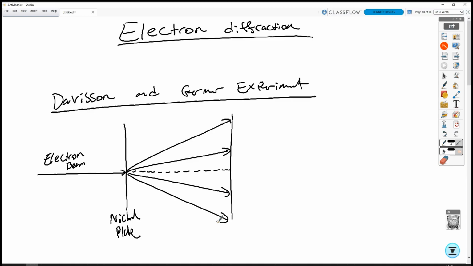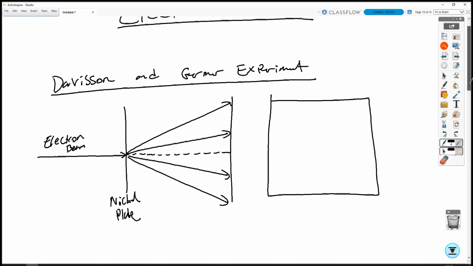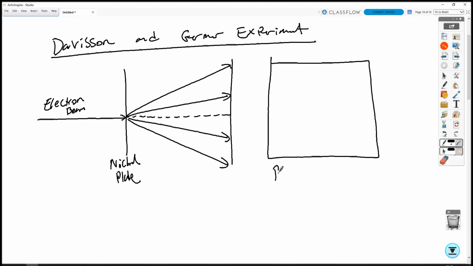If we looked at the plane view of the screen, so I'm going to draw the screen in the plane view. We'll see this effect as rings.